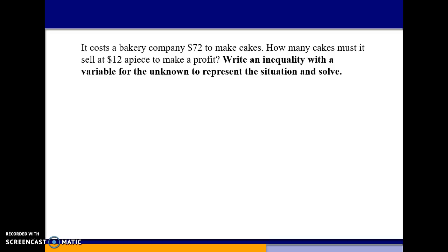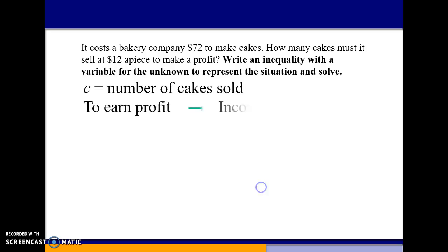The first thing we need to decide here is what the variable is, because we don't know how many cakes we must sell. We put C for number of cakes sold as a variable. Another thing that we need to take into consideration is that to earn profit, as we know, income has to be greater than expenses.